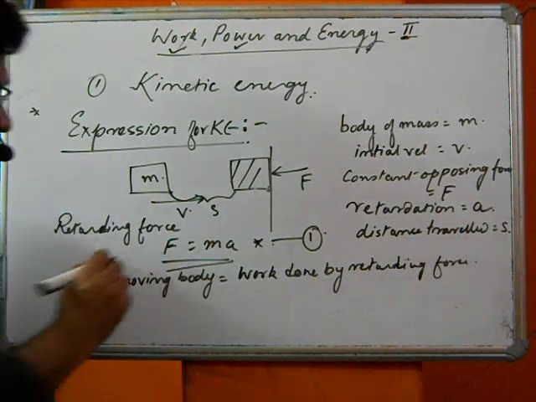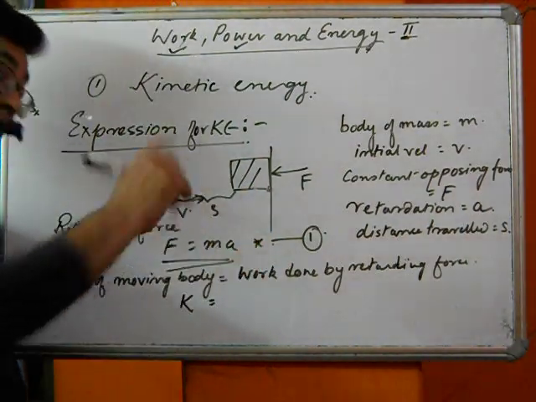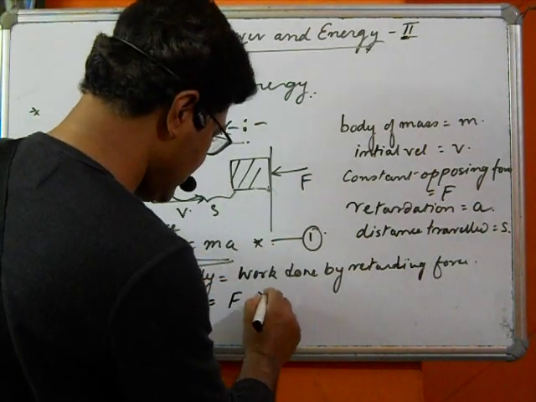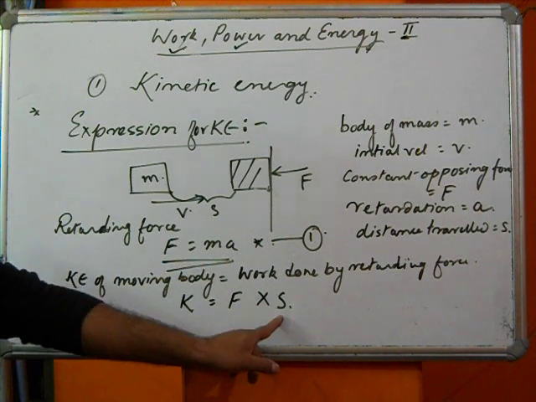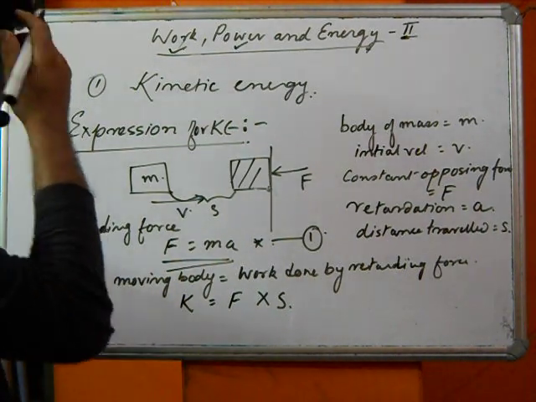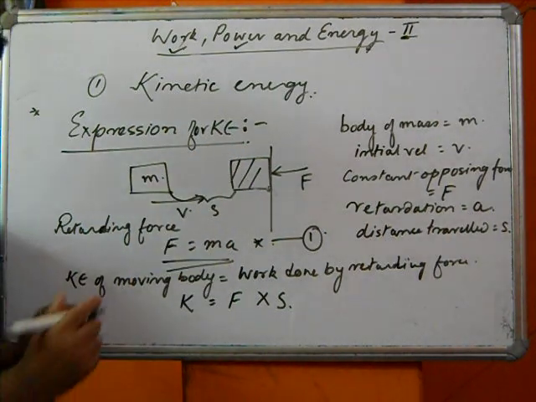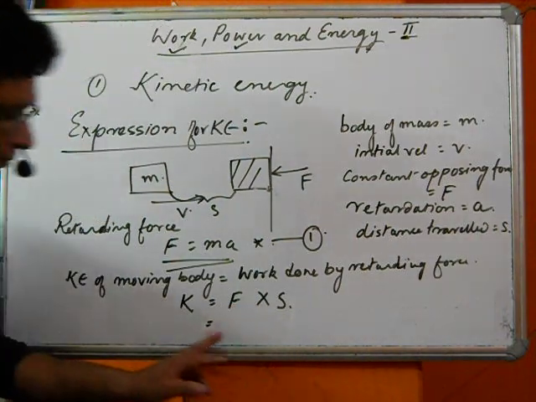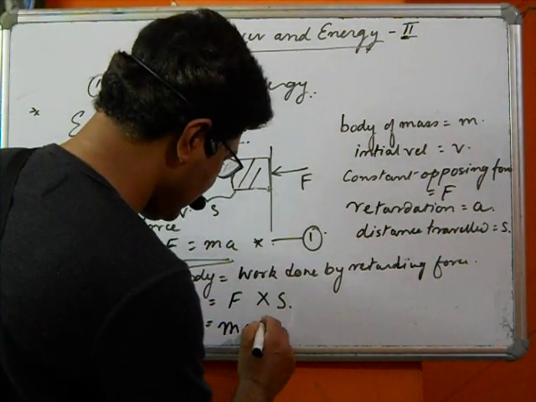So what will we say? Kinetic energy K will be equal to work done. What is work done? Force into displacement. My force is there. I want to find out the displacement. So here, instead of force, we can write mass into acceleration.